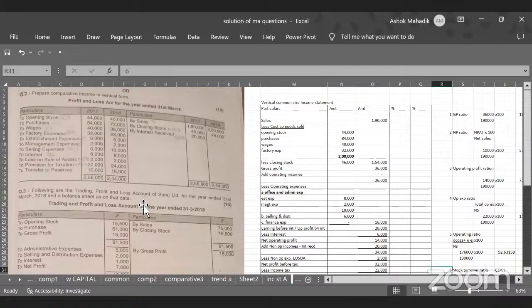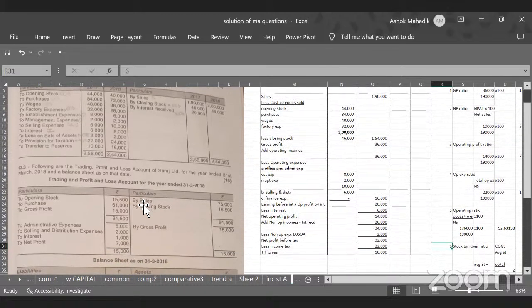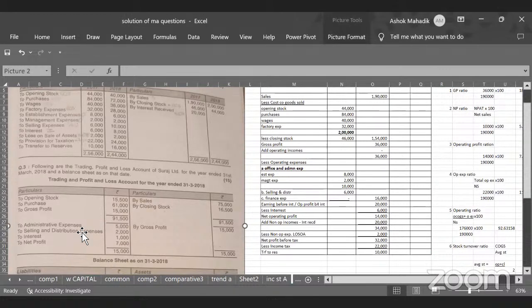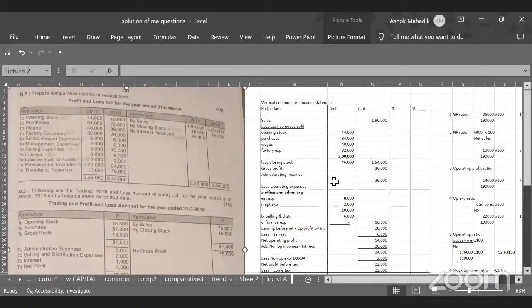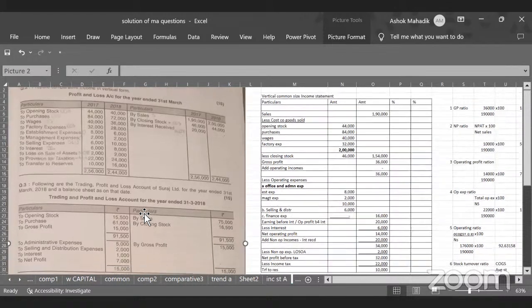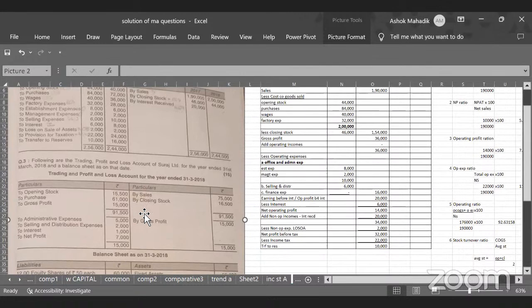See, the income statement which we did didn't have any bifurcation of trading and P&L, but you can practice this sum also, the third one, wherein bifurcation is shown. Okay, in similar fashion, you can start with your sales. How much will be sales? 75,000 minus COGS. In that, you will take opening stock 15,500. Okay, add purchases of 61,000.